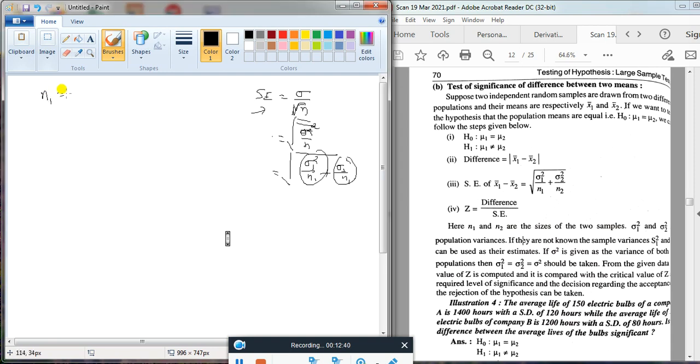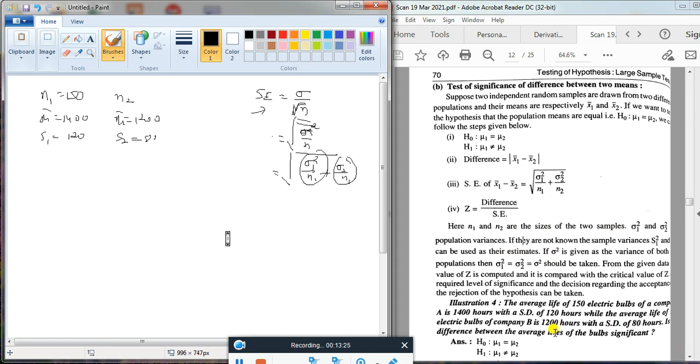So 150 bulbs: n1 is equal to 150, and average life x1 bar is equal to 1400, with standard deviation s1 equal to 120 hours. Now company B is having... one data is missing, life of electric bulbs, so we will have to take this number from below. Till then let me note the values: x2 bar 1200, s2 is equal to 80. Now we need n2. Let us see how much n2 is.